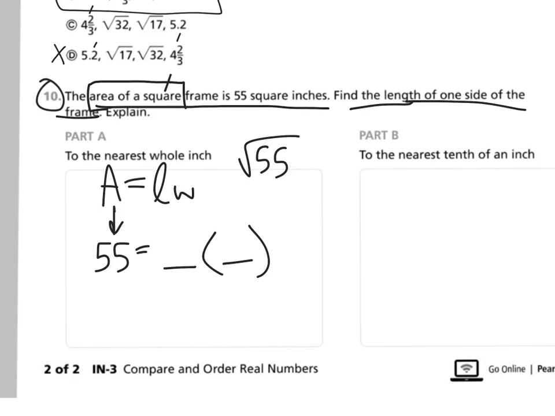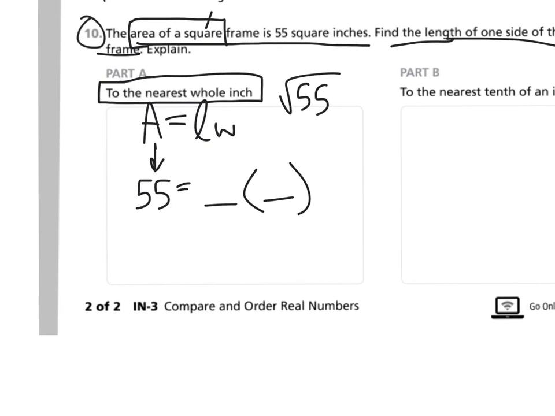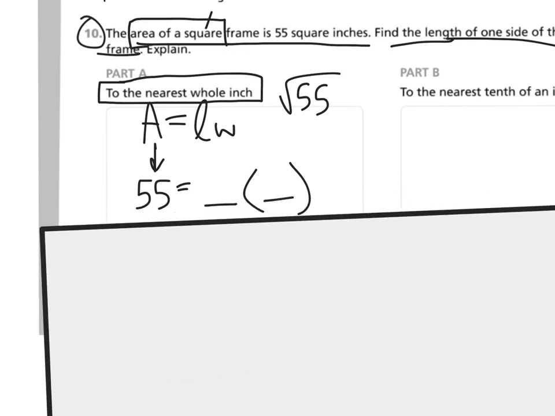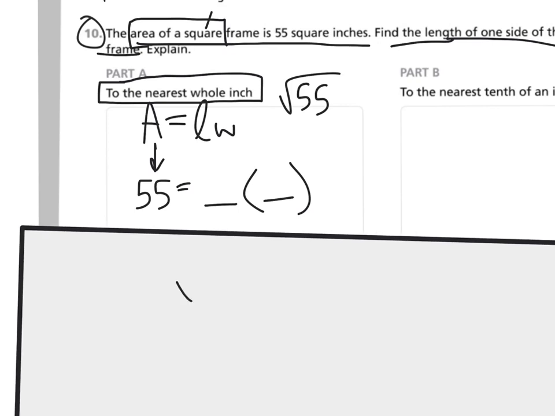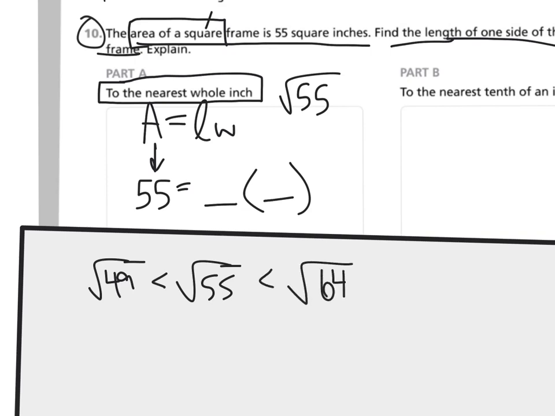So square root of 55, and part A says to the nearest whole inch. That one we could probably think out by hand ahead of time. Perfect squares. Square root of 49 is pretty close to that, a little bit smaller. That's 7 times 7, so the next one should be 8 times 8, which is 64.